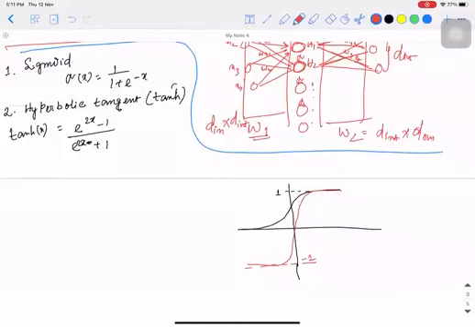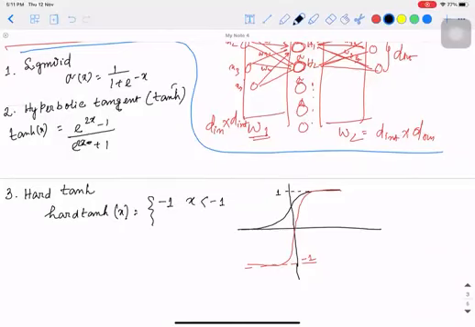So tangent is also used in some cases. There is something called hard tangent, which is a harder version of tangent. Hard tanh of x is minus 1 if x is less than minus 1, 1 if x is greater than 1, or x otherwise. What does it mean?